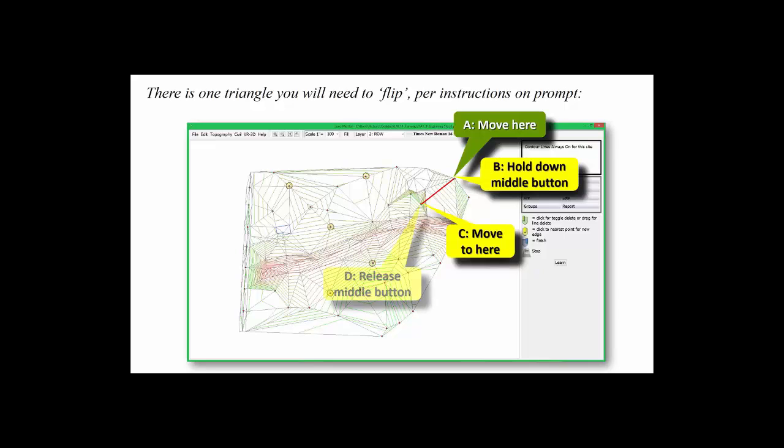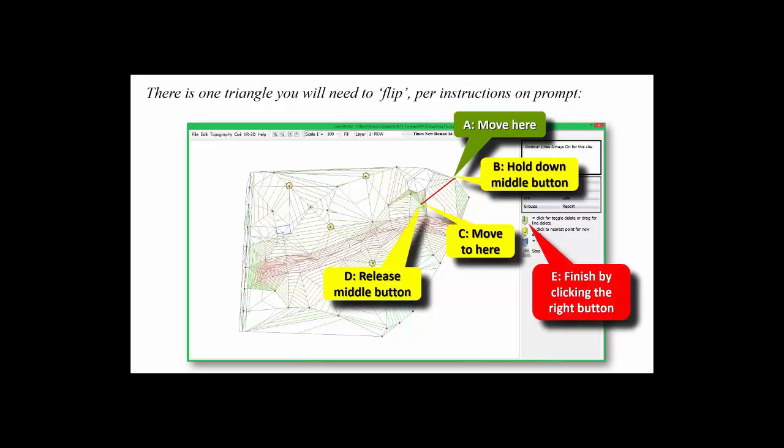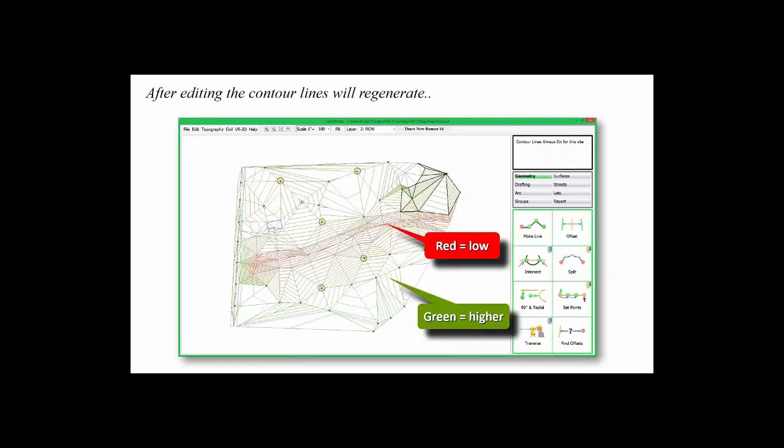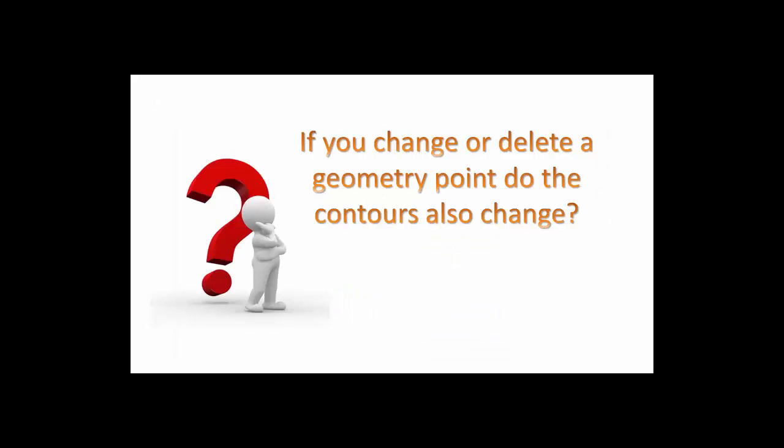Once you get to that new point, release that button, and it will change the net when you hit the right button, and then it will change the contour lines to the correct area. Again, red is low, green is high.